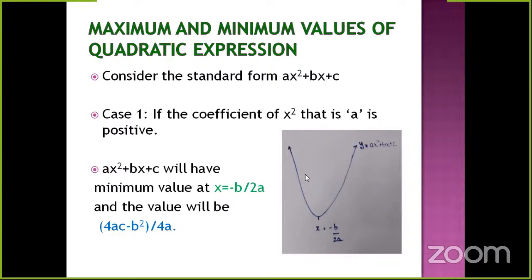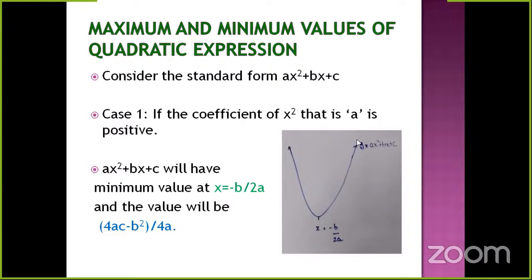And see the diagram. Children, from the diagram, you can clearly observe that the curve is having a minimum value at this point. As we are going to the left side and right side of the x-axis, the parabola is going to infinity.